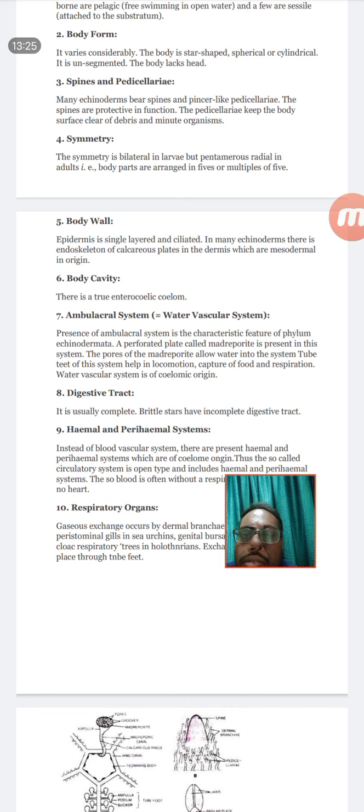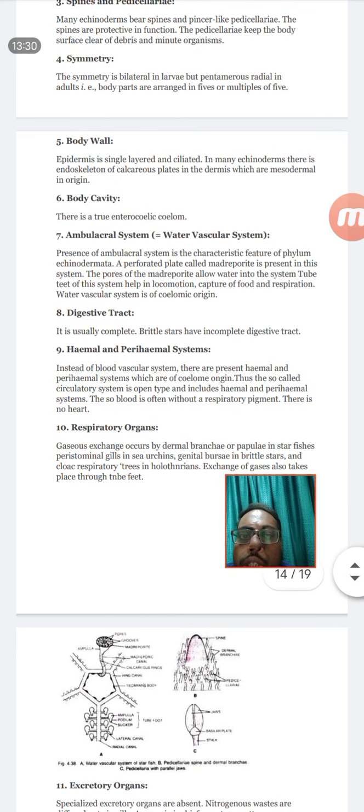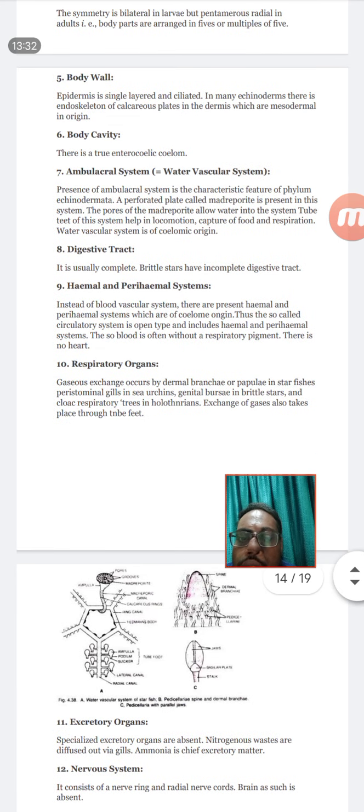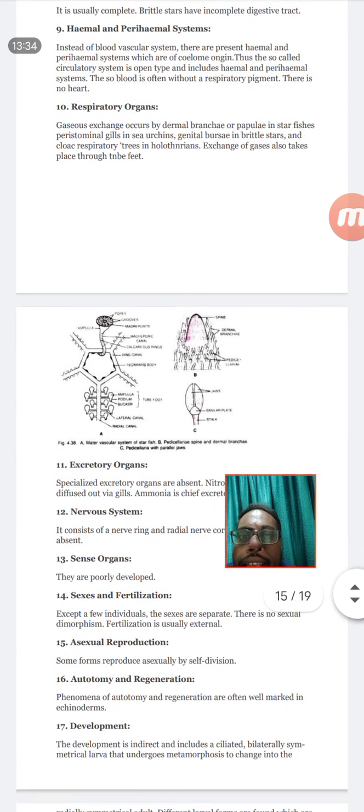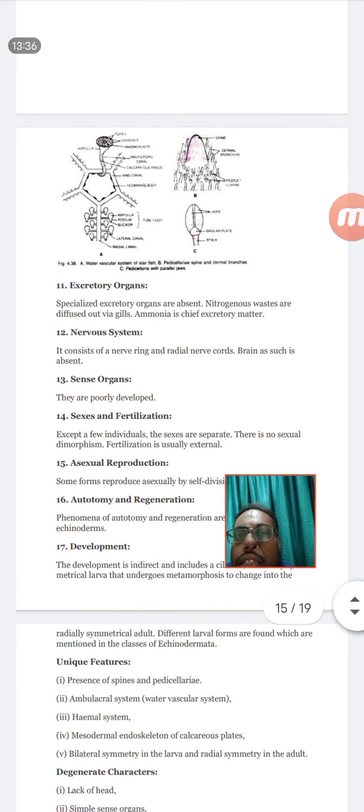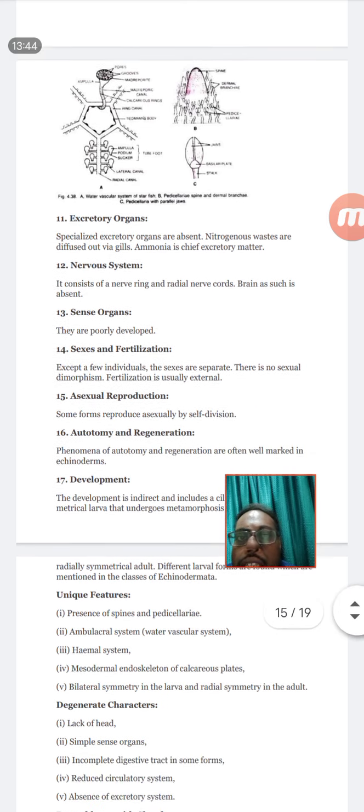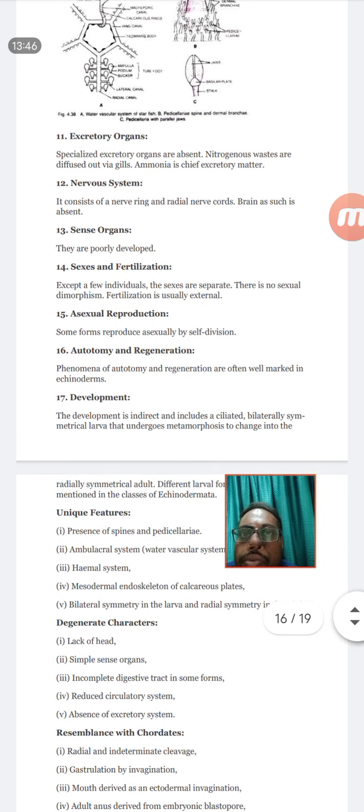And they usually have a complete digestive system, respiration also takes place through gills, and excretion is done through organs like metanephridia. Mainly they have nitrogenous waste, and ammonia is the chief excretory matter. Nervous system is also present.